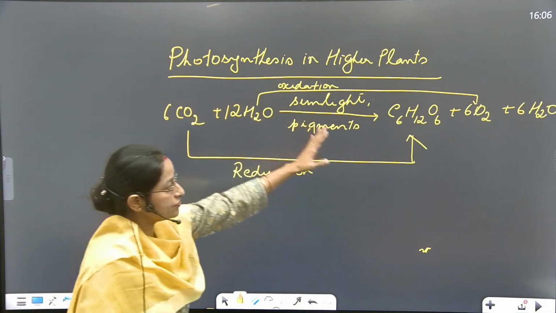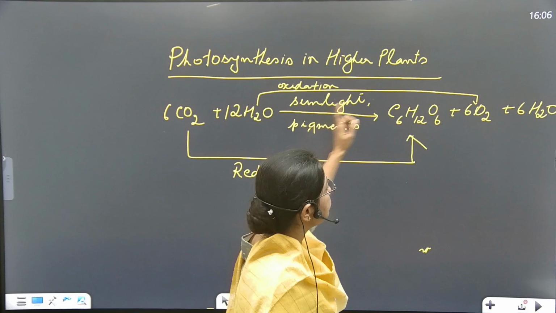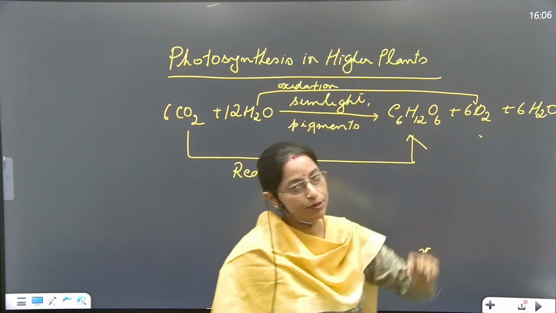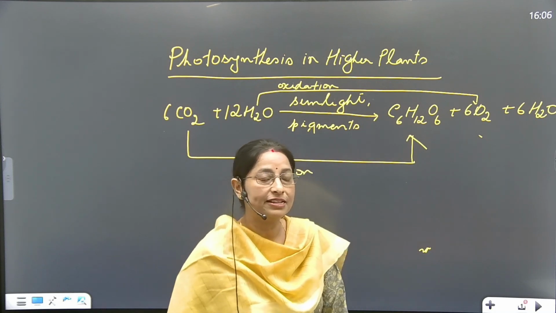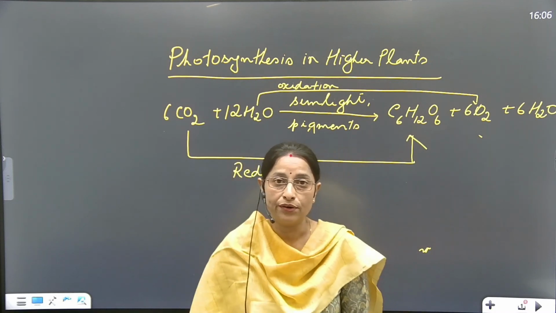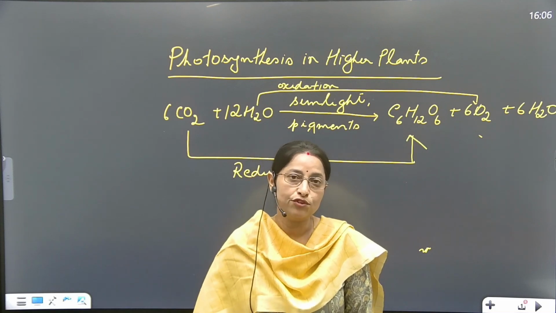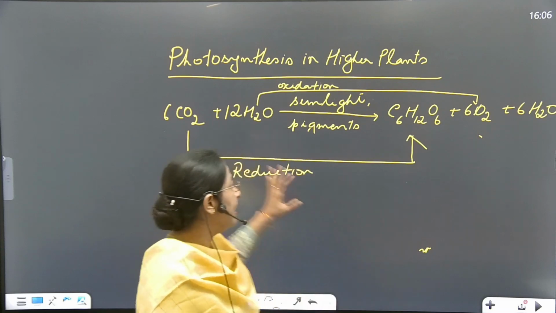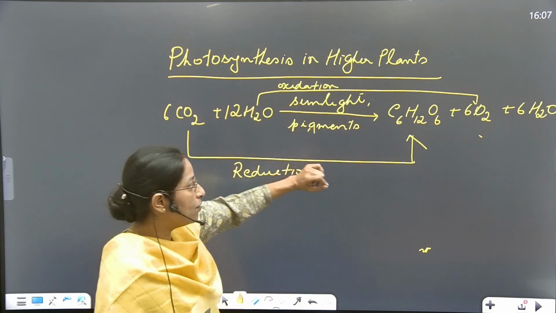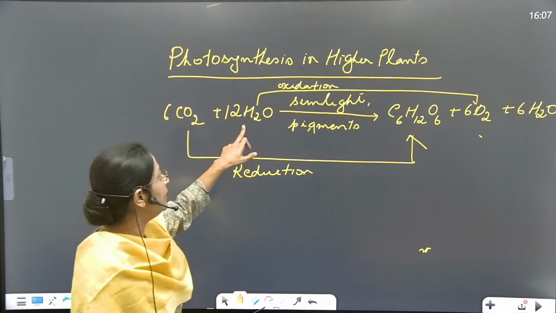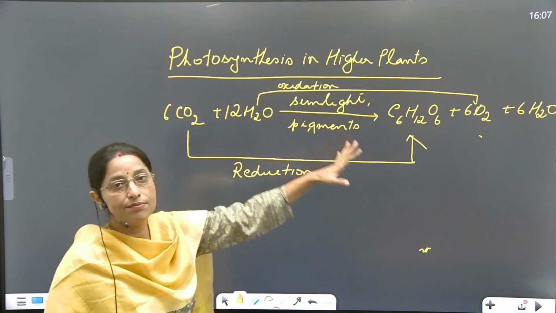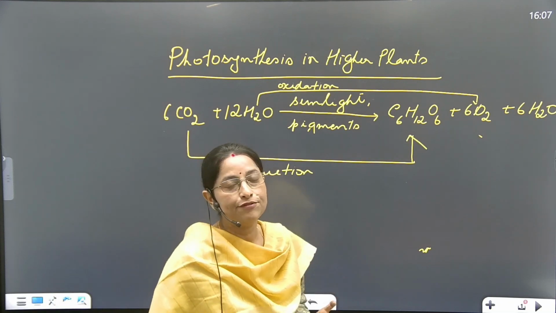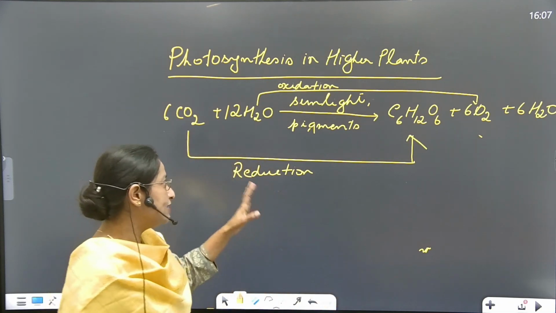Carbon dioxide undergoes reduction to form glucose, and the water molecule gets oxidized to form oxygen, because we know in photosynthesis it is not that only food is prepared. Green plants obviously prepare food, but we see the evolution of oxygen also. So which one evolves oxygen? At least from the reaction we understood, it is from the water. Later we'll be studying something called photolysis of water, where the water molecule breaks down and forms oxygen. All of that we'll be studying in detail.